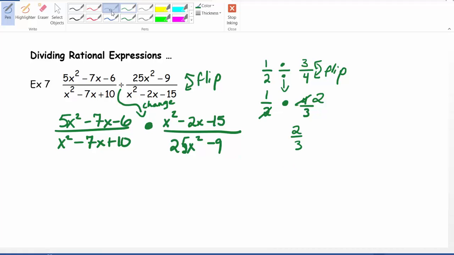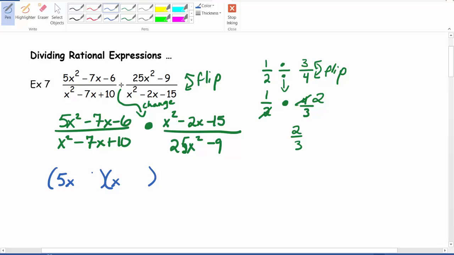Next, what we would do is factor each item appropriately. So looking at this top left one, should come out to be 5x and x. Two things that multiply to 6, accounting for the 5 too, that add to -7.